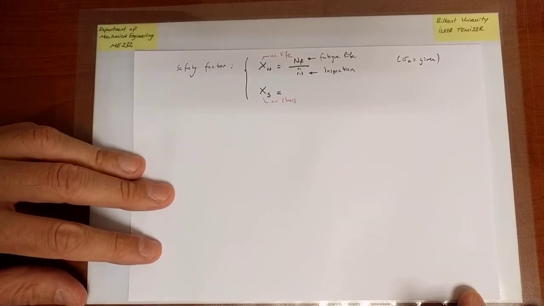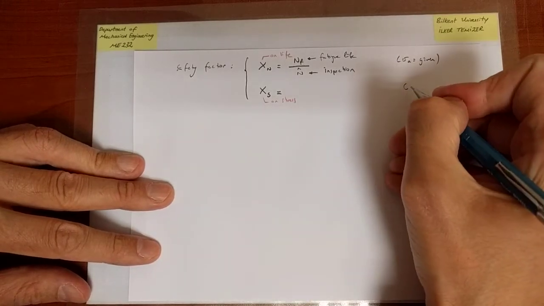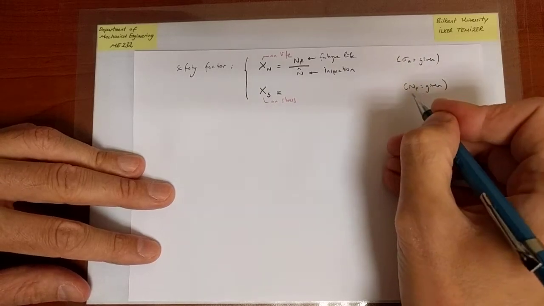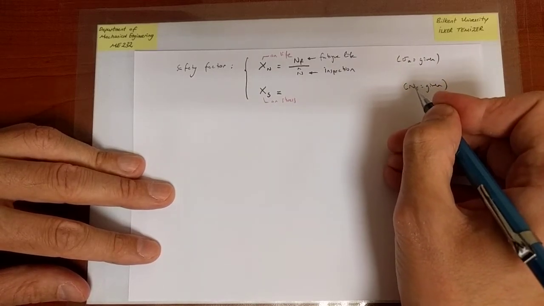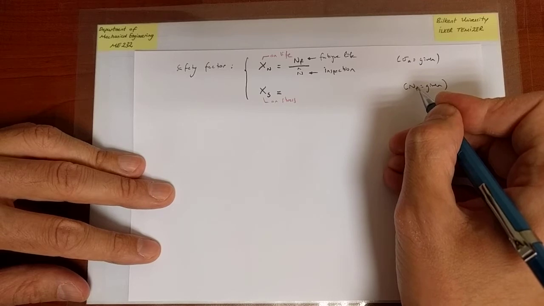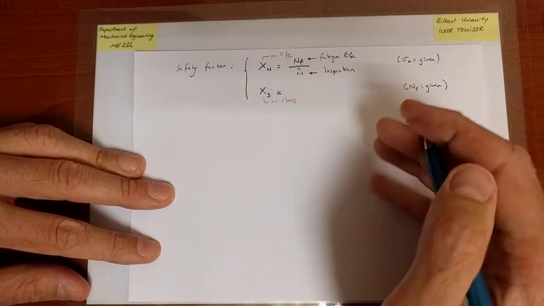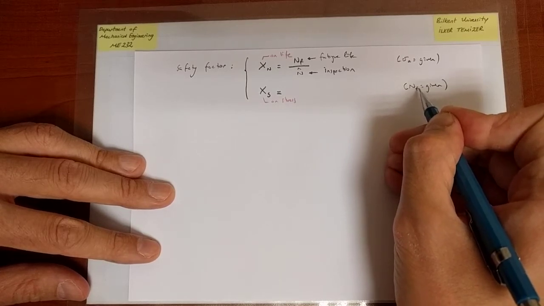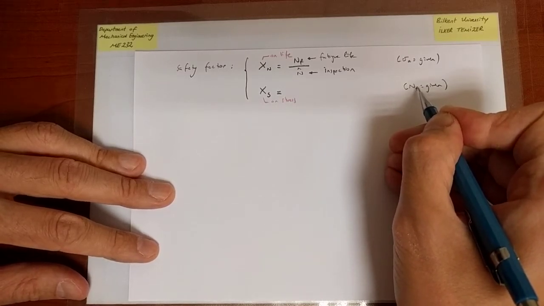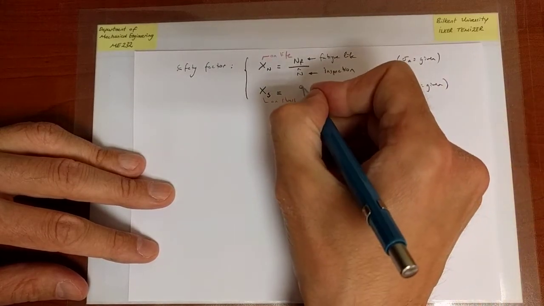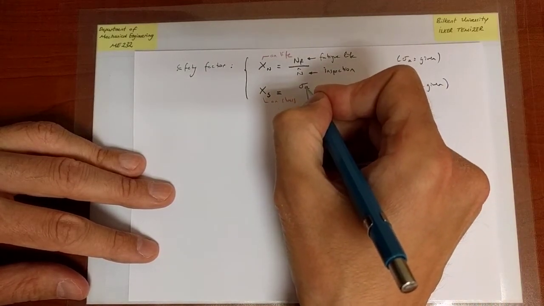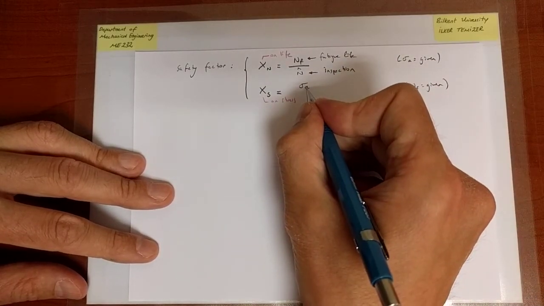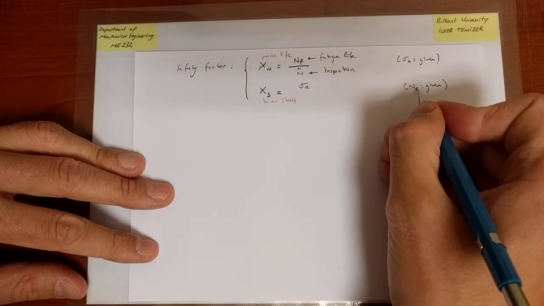The other thing I might do is the following. I might have a target life, so let's call that NF. NF is not necessarily a value that's going to cause failure, it's just my target. And if I want to reach that target, and if I want that to be associated in reality with failure, then the amount of stress I would have to apply would be a certain value sigma A. That would be the fatigue strength of the material for that given number of cycles. But of course, I don't want to apply that stress because I don't want failure to occur.